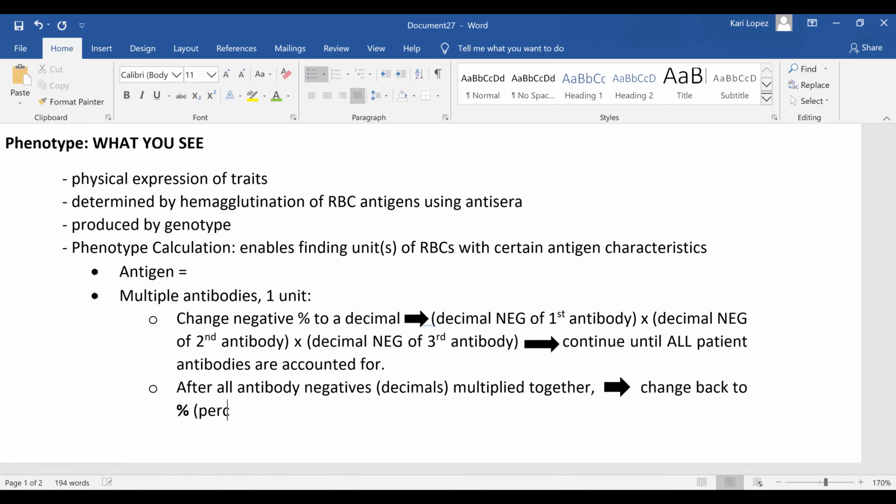And that is going to be the percent that they are negative for all the antigens.